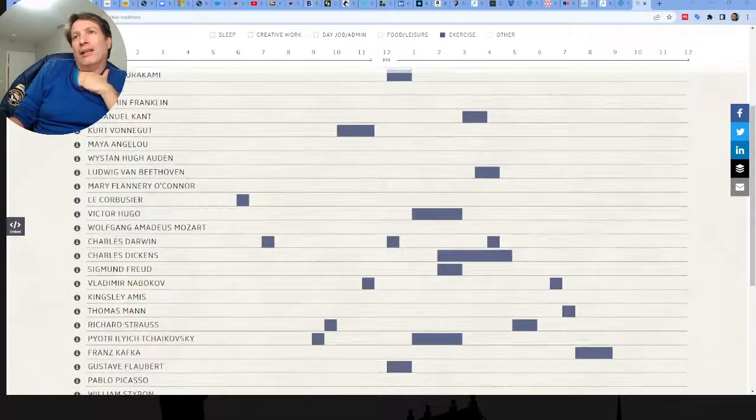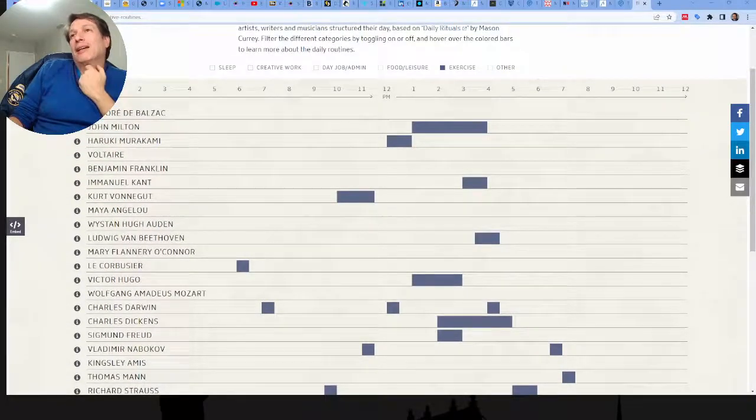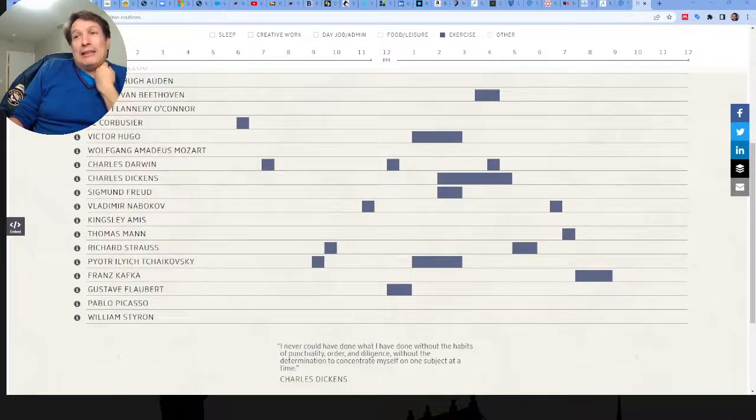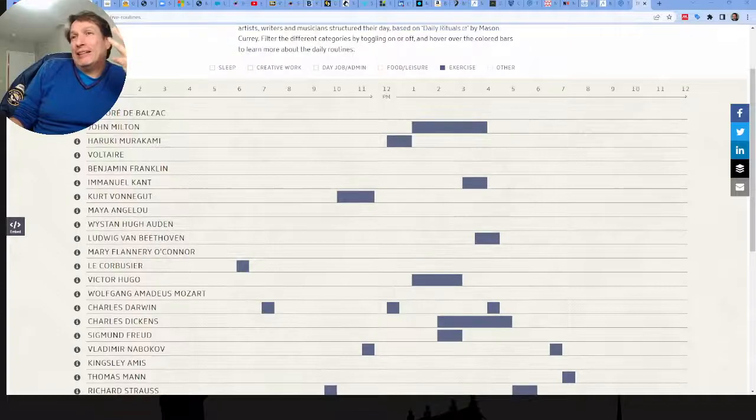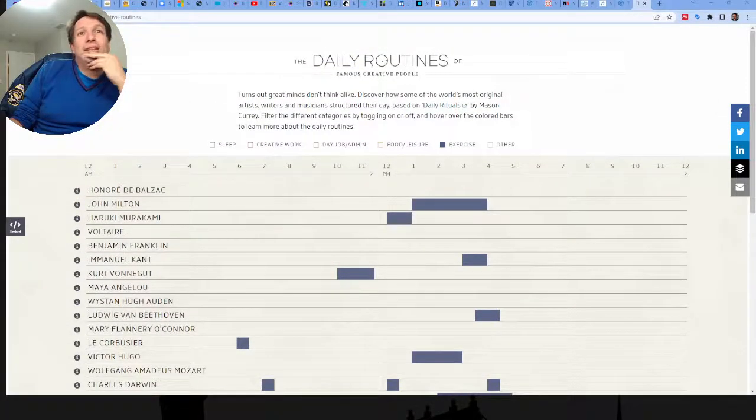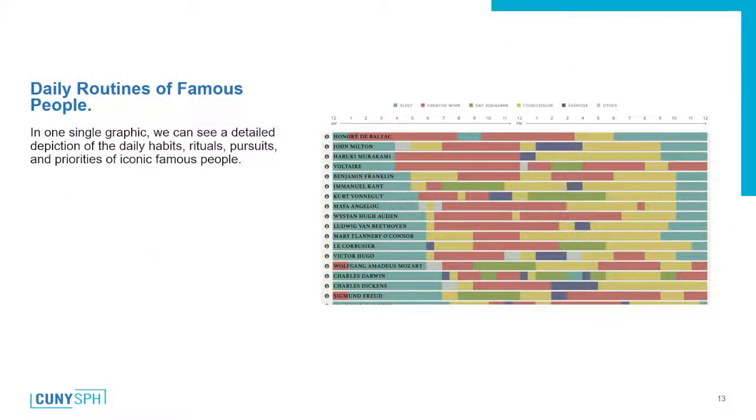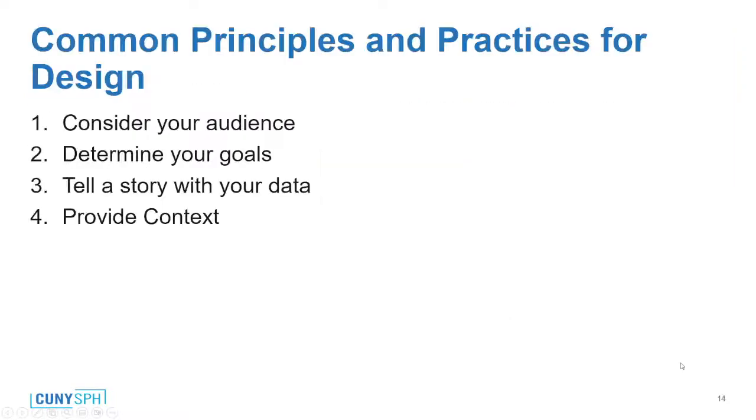And interestingly, they didn't exercise that much as we may recommend nowadays, and maybe that can have some conclusions about the history and the health of these individuals in the history. But as you see, you can have an interactive visualization that just by navigating you are gaining a lot of knowledge and being really interactive and telling stories.